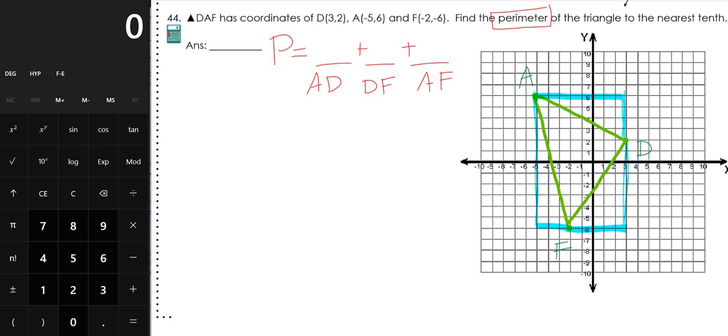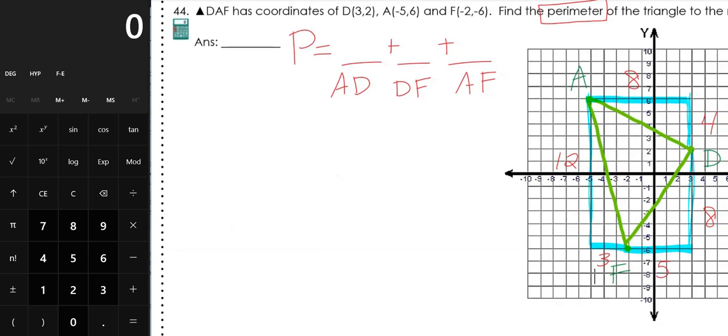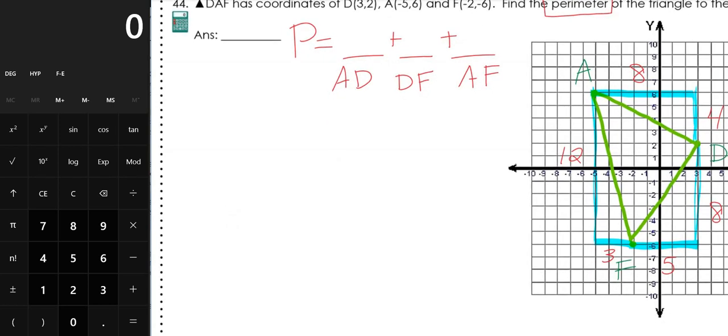So for AD, I have lengths of 8 and 4. For DF, I have lengths of 5 and 8. And lastly, for AF, I have lengths of 12 and 3. We're going to go one at a time. So starting with AD.